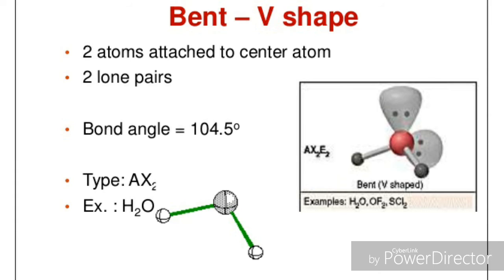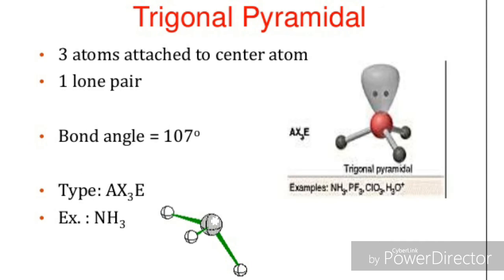Here you can see the shape of the water molecule. Dihydrogen monoxide is the IUPAC name of water. Students, the second example is ammonia. The shape is trigonal pyramidal and the bond angle is 107 degrees 48 minutes.